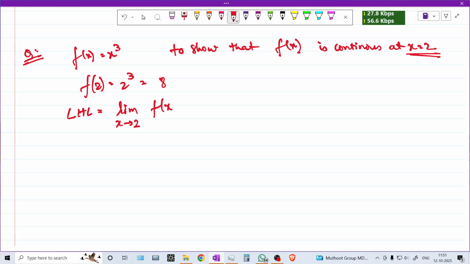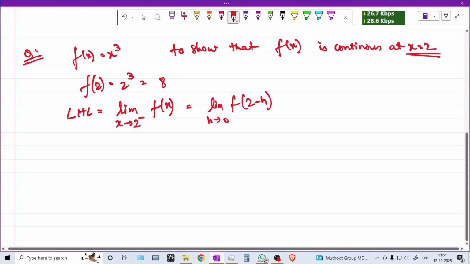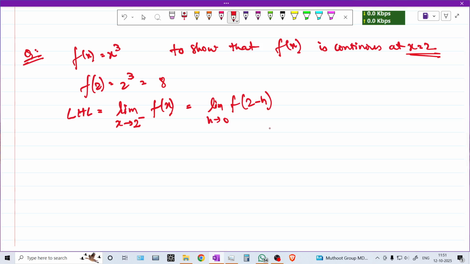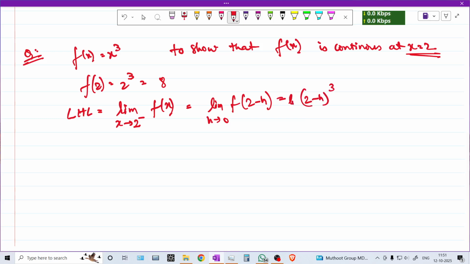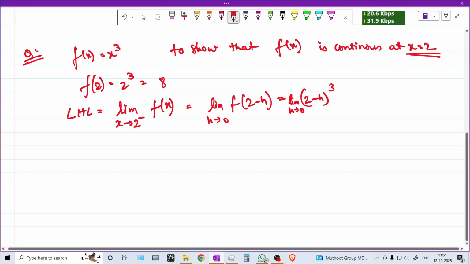This is equal to limit h tends to 0 of f(2 minus h), where h is a very small quantity. Now what is this? If you put 2 minus h in the function, it will be (2 minus h) whole cube, where the limit h is going to 0.